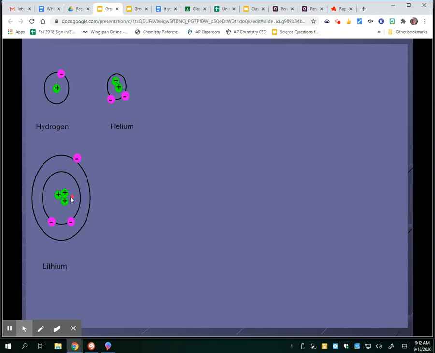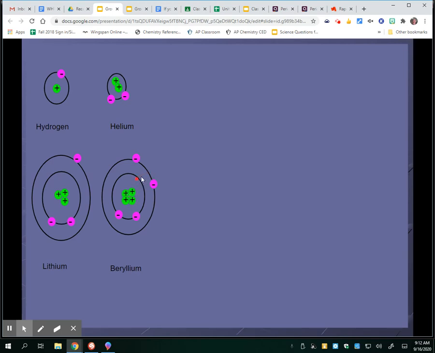Now let's talk about things with two energy levels. Something with four protons would be beryllium. And now we're going to see the same thing that we saw when we compared hydrogen to helium. We get a more positive nucleus.